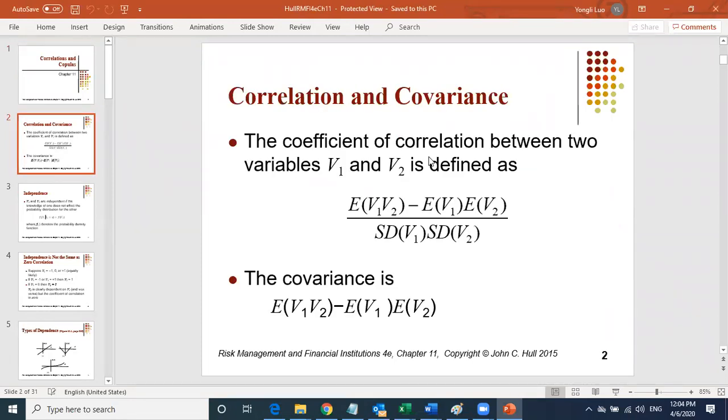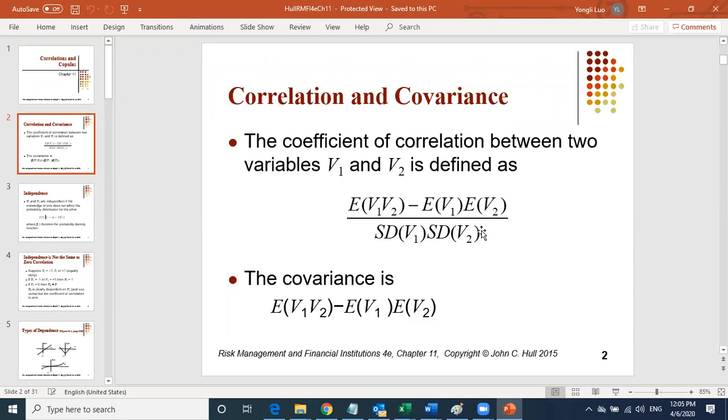The coefficient of correlation between two variables is defined to be the expected value of the product of the two variables minus the product of the expected value of each variable, divided by the standard deviation of variable 1 times the standard deviation of variable 2.